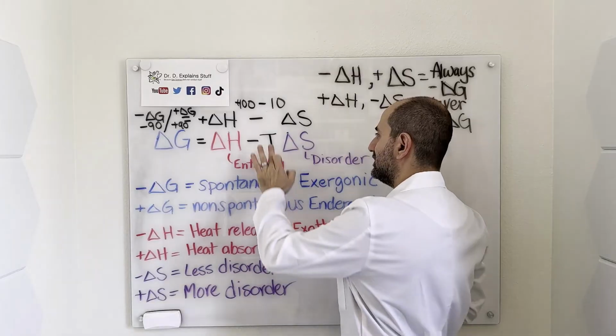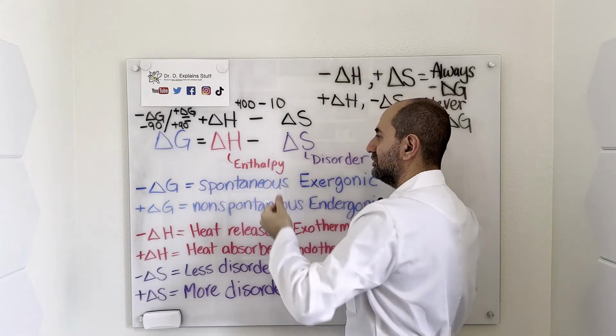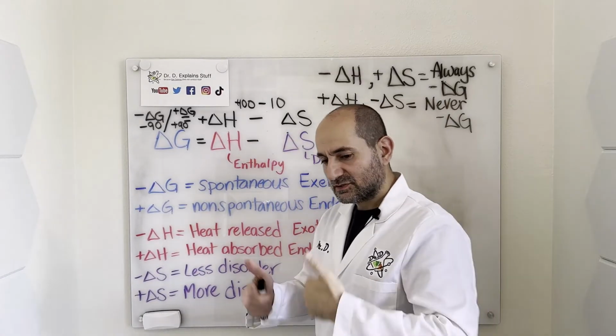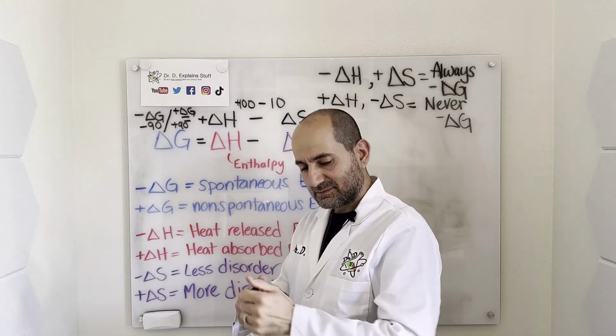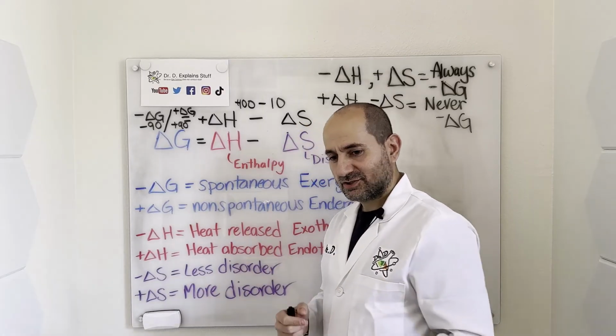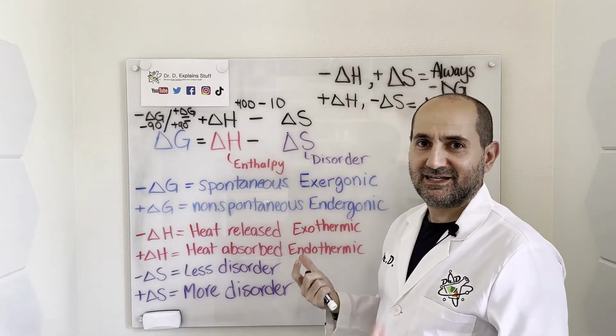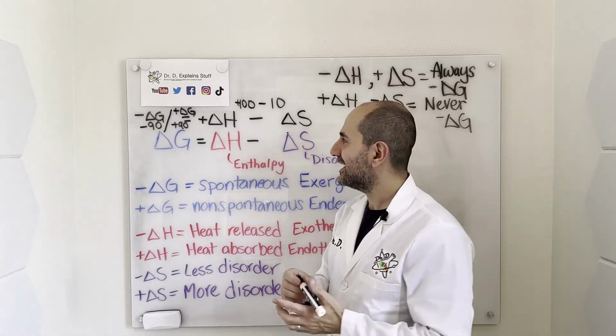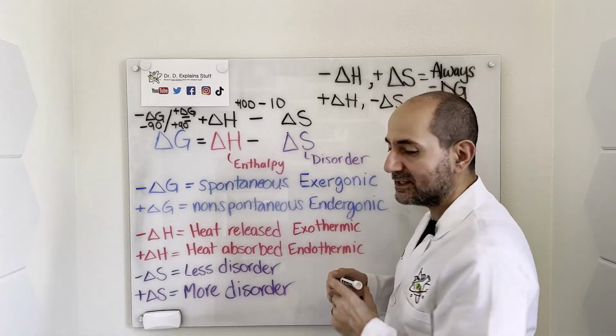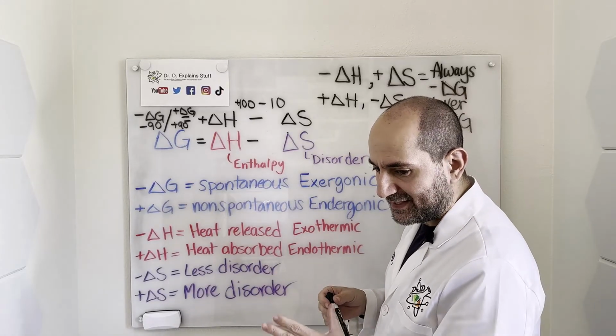But you can ignore it for the most part. But now you know some reactions require me to crank up the temperature to get the reaction to go. And now you know why, because that can increase the weight of delta S in those types of reactions. Isn't that interesting? So again, what would Gibbs say?